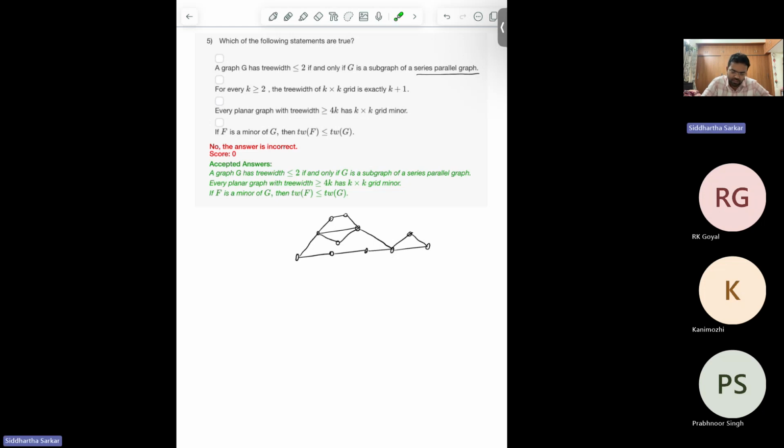So we say that these things are in series, but this piece and this piece are in parallel. Although I do not know the formal definition, in the video I saw this example. This is an example of a series parallel graph, and it is a fact that the tree width of such a graph is at most 2. So therefore this is correct.